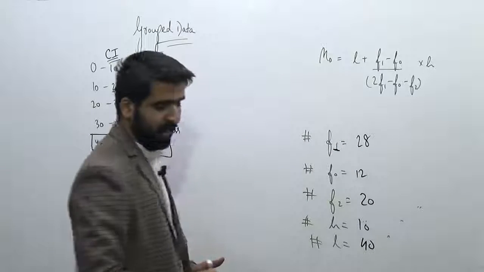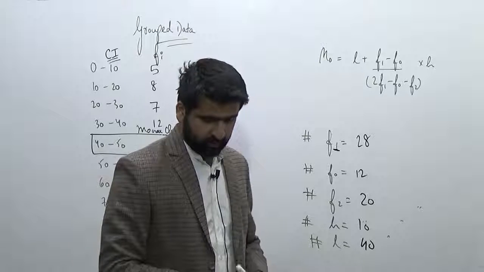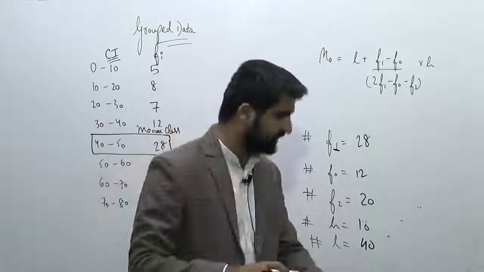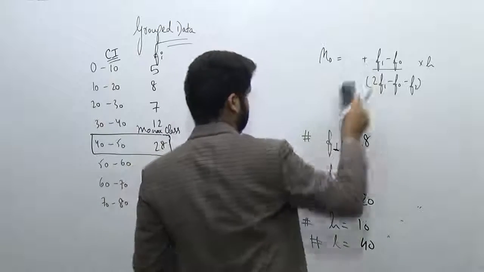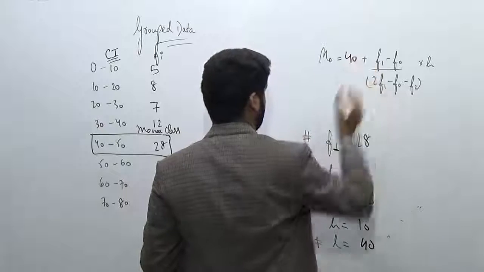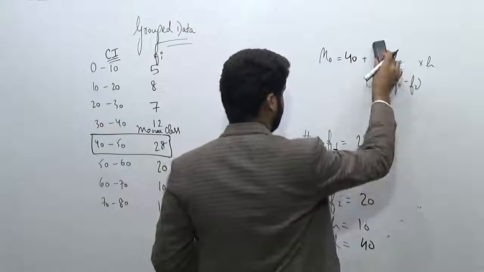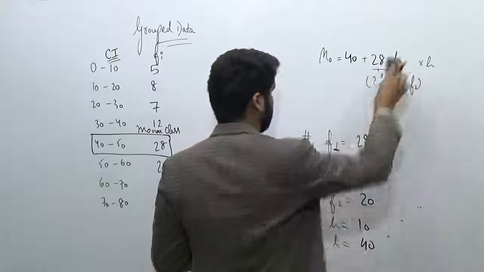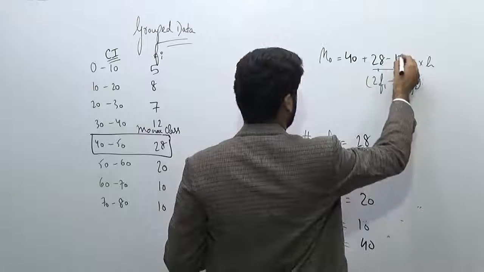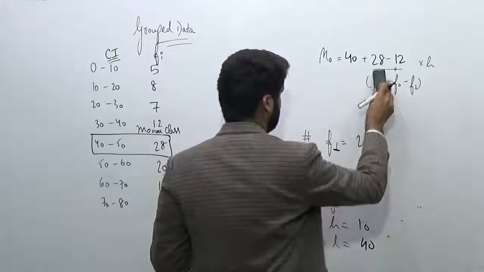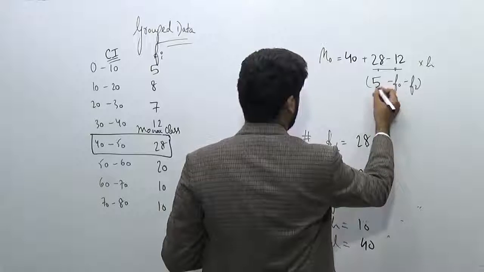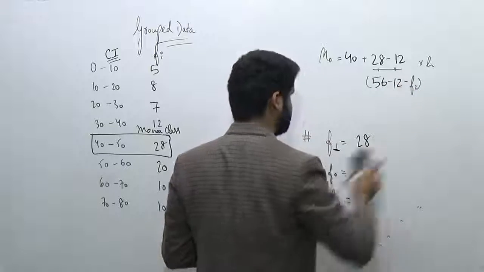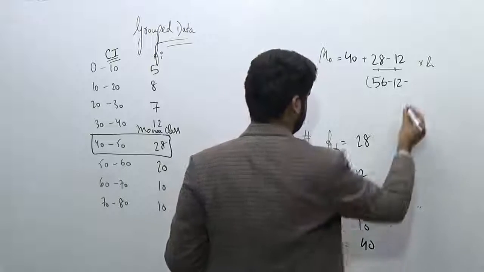So we just need to put the values and we will get the direct answer. After putting the values, L is equal to 40, F1 is equal to 28, F0 is equal to 12, 2 times F1 is equal to 56, F0 is equal to 12, and F2 is equal to 20.